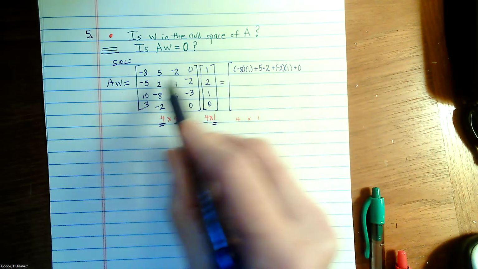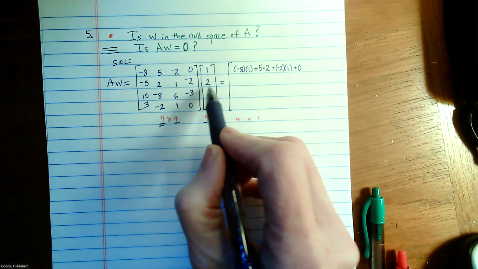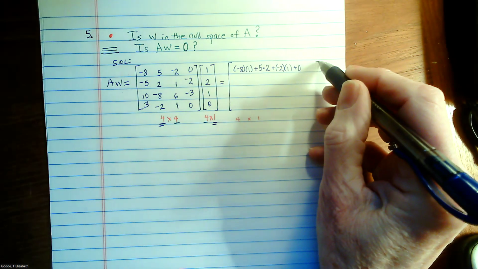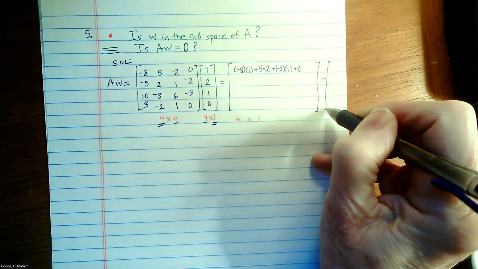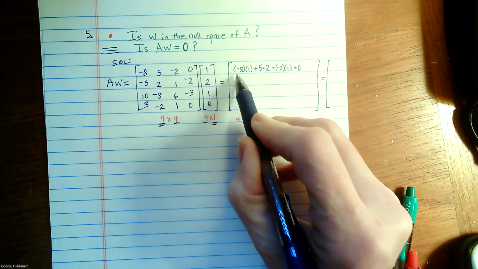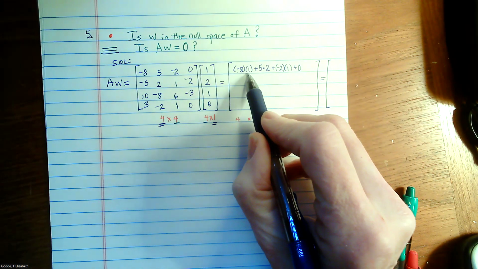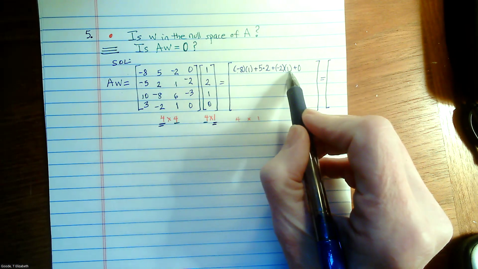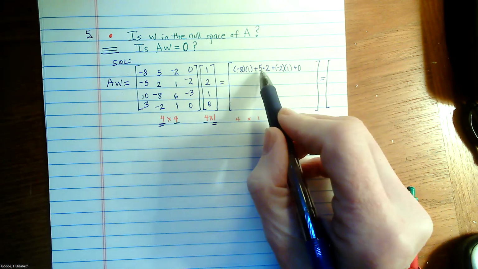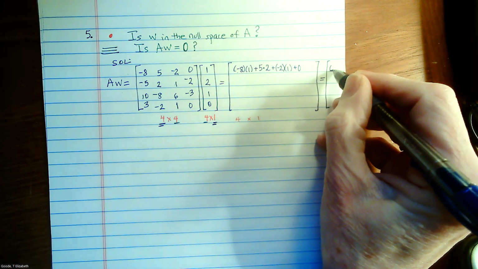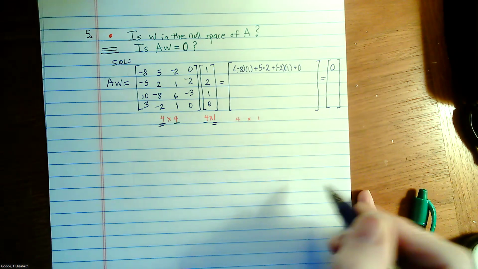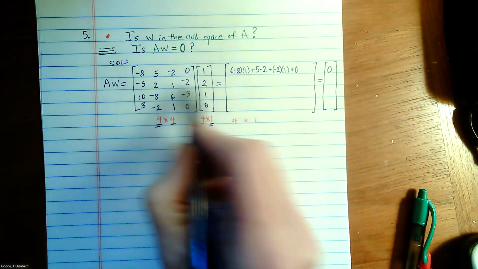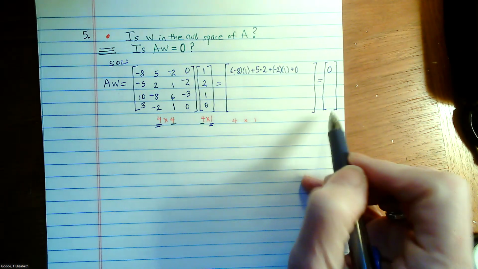Now for the second coordinate, we can go ahead and check that and make sure it turns out to equal 0. Because if it's not, then we can stop, right? But we've got -8 minus 2 more, which is -10 plus 10. So that is a 0. See? And now we check every single coordinate and make sure that they all turn out to be 0.